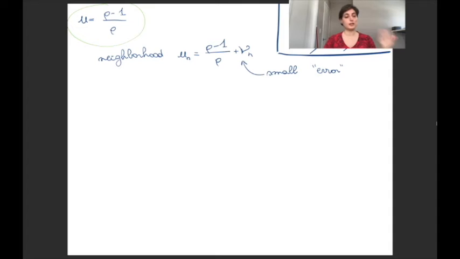What about the other equilibrium solution, the one at rho minus 1 divided by rho? We try to do something similar, but this is not 0, so we'll assume that at un we have rho minus 1 divided by rho, that is the equilibrium we want to study, plus a small error.